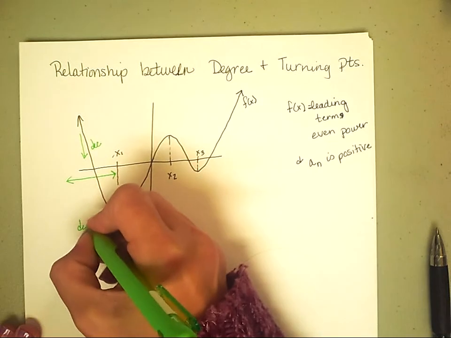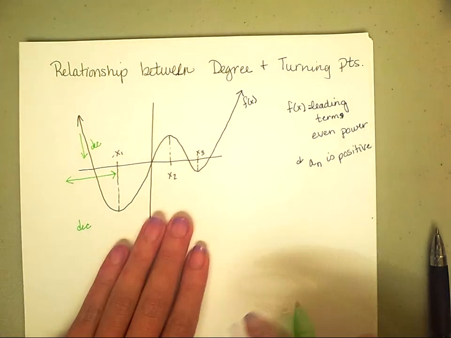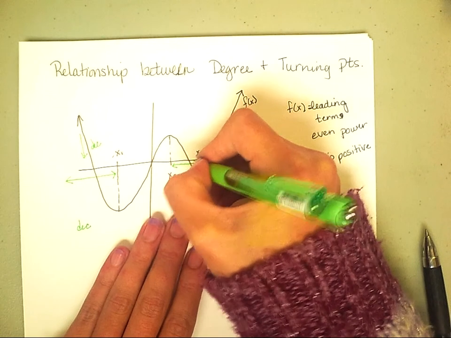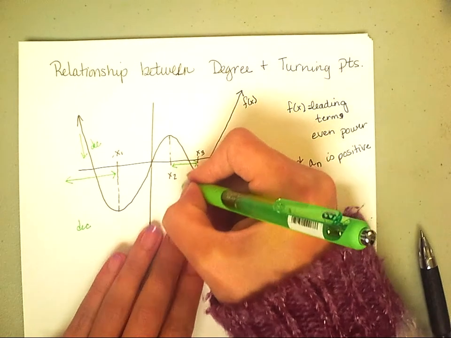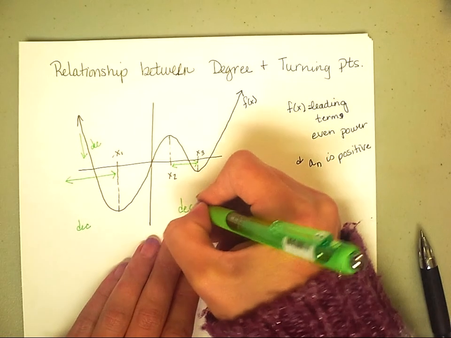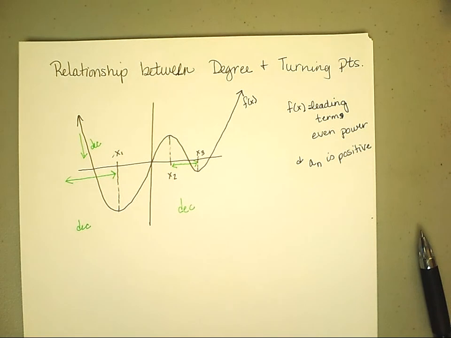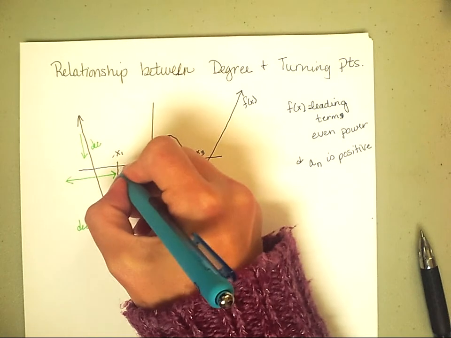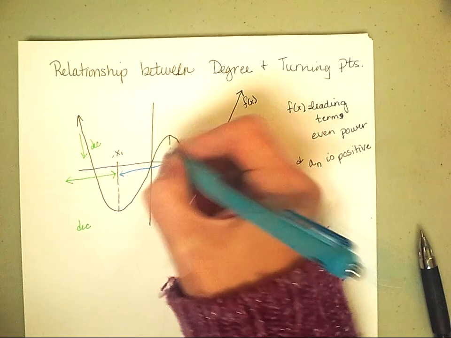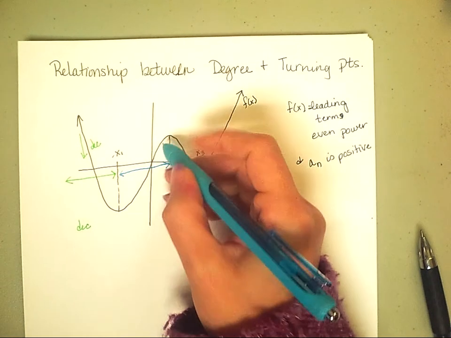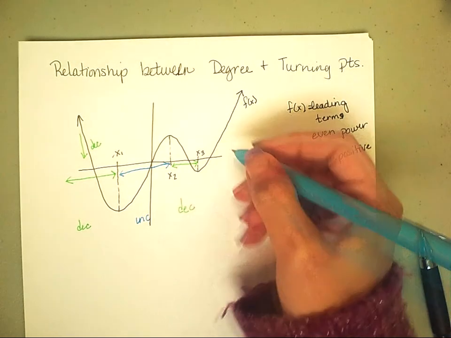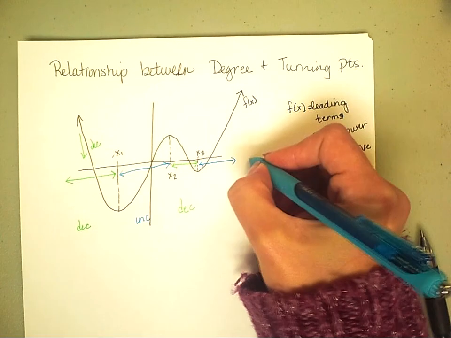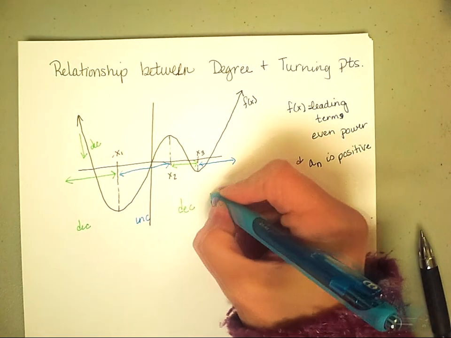Okay. So we decrease here. Also, in between x values of x2 and x3, this function is also decreasing. Now, between x1 and x2, the function starts increasing. And from values of x3 through infinity, the function is also increasing.